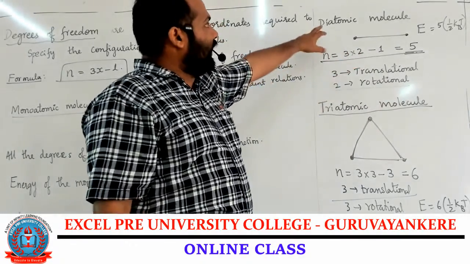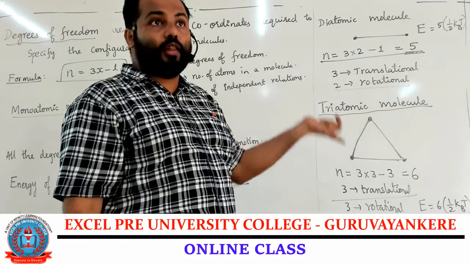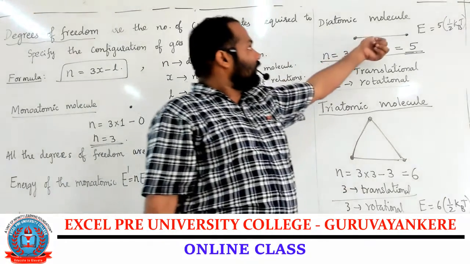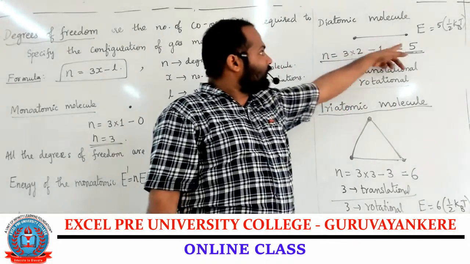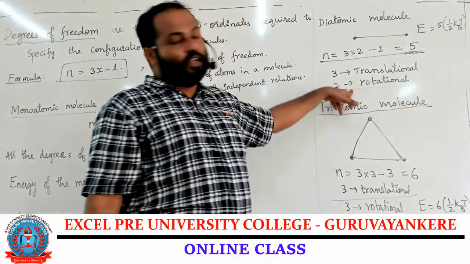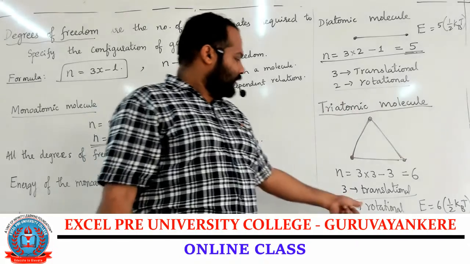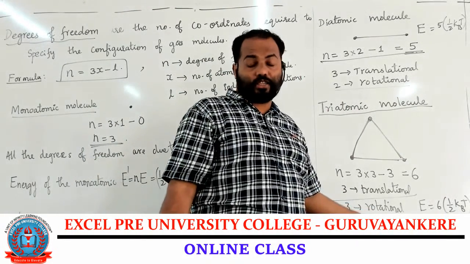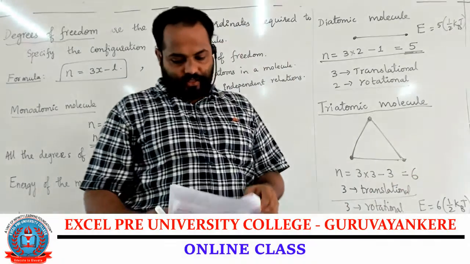That is why diatomic molecules, in addition to the translational degrees of freedom, can also rotate about the independent relation axis. They have a relation, these two atoms, by their own attraction. So it gives 2 rotational degrees of freedom also. Here you have 3 rotational degrees of freedom and 3 translational, total 6.